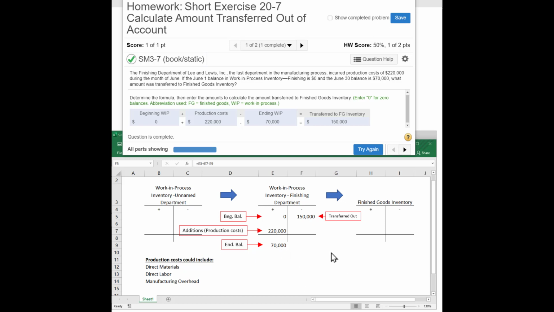You can think of it as the same as your bank account. The beginning balance at the beginning of the month, plus any deposits, additions, have to equal the amount that you spent plus the amount that's left over in your bank account at the end of the month. That's it for this exercise.